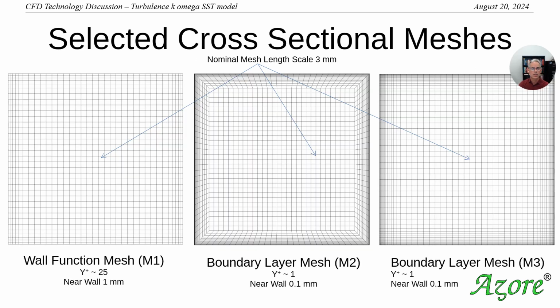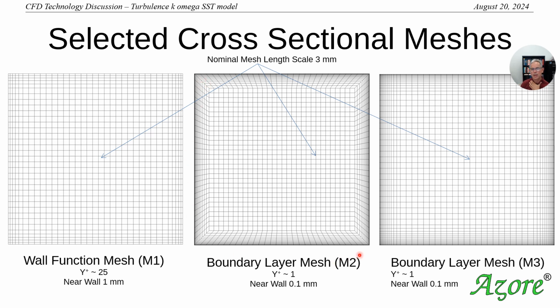So here are the mesh structures that we chose. We're going to stick with a uniform length scale in the middle of around 3 millimeters, but we're going to change the length scale of the mesh around the perimeter. And here we have a very fine mesh. So this is two different approaches for capturing that boundary layer.